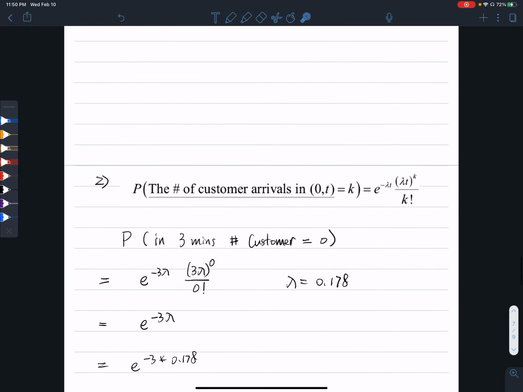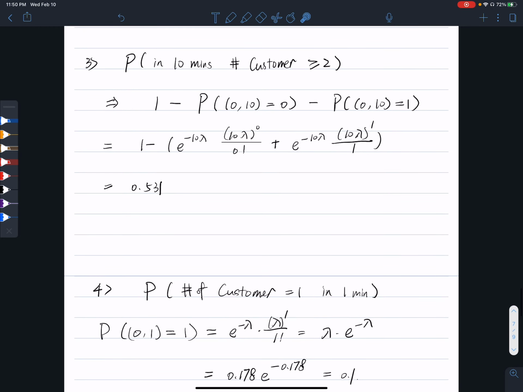So similarly here, at least 2 customers, which means the offset of that is either no customer arrives in 10 minutes or only one customer arrives in 10 minutes.